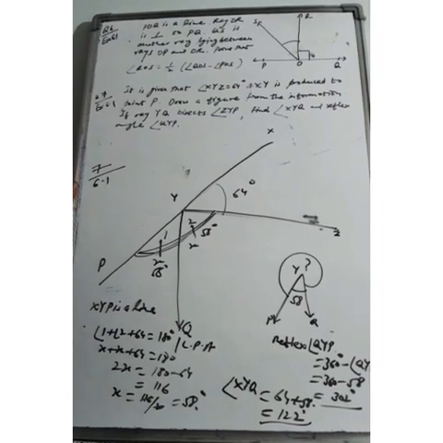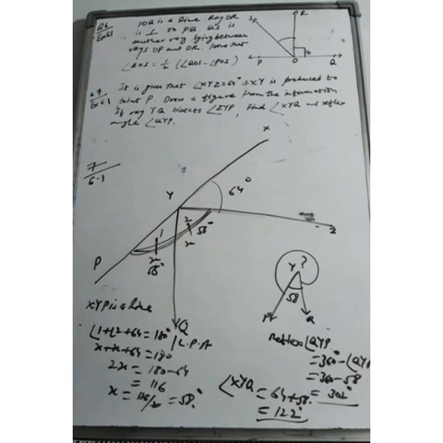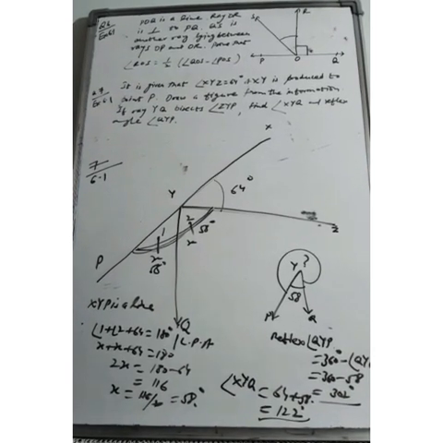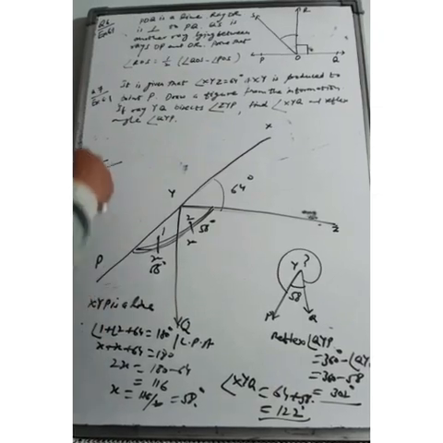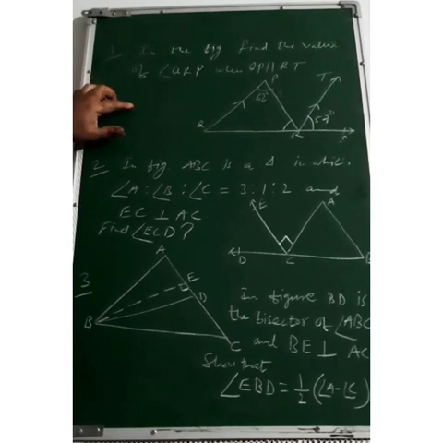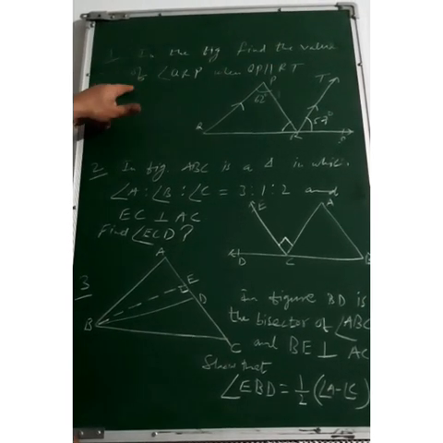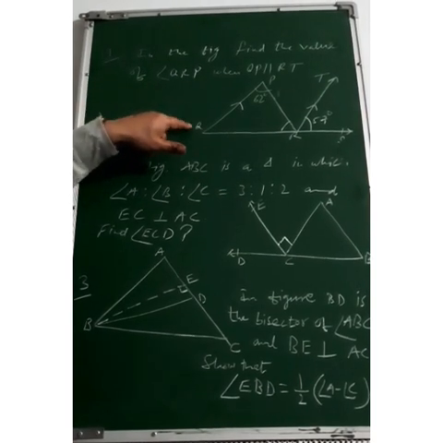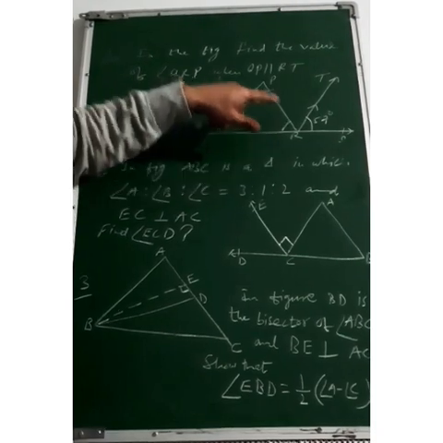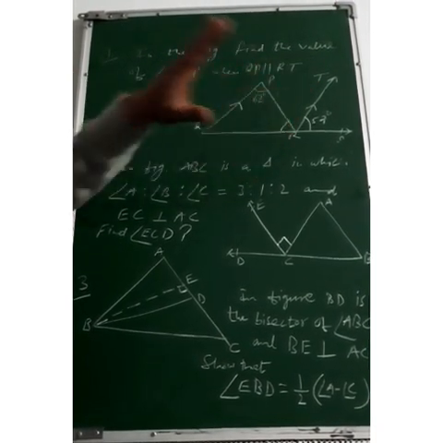Now, on behalf of this exercise and the properties of lines and angles, please note down these three questions I am giving to you, and that is an assignment you have to solve today. So the first question for today's assignment is: in the figure, find the value of angle QRP when QP is given parallel to RT.